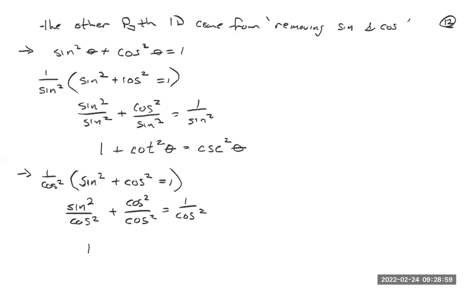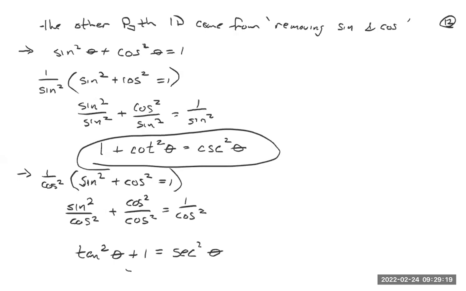Oops, got ahead of myself. Giving us tangent squared theta plus 1 is secant squared theta. And that's your other two Pythagorean IDs.